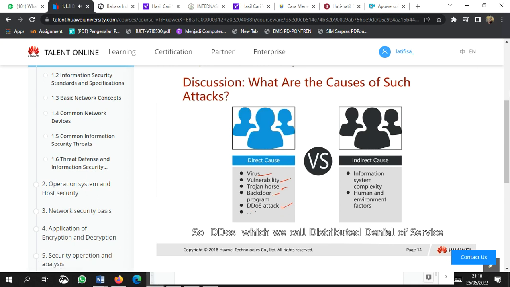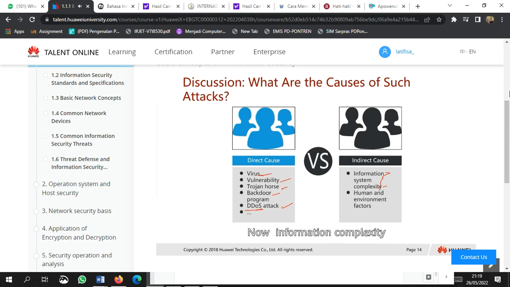DDoS stands for distributed denial of service. This is about attacking certain computers or certain targets with a massive attack, to bring down the services. Okay, so DDoS attack could also be one of the causes.